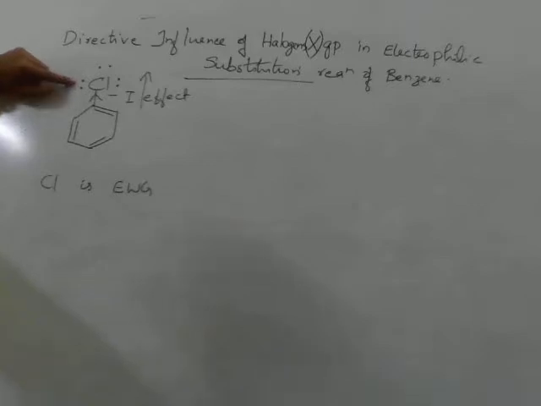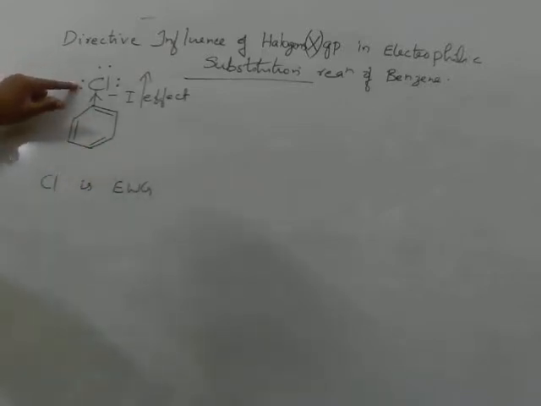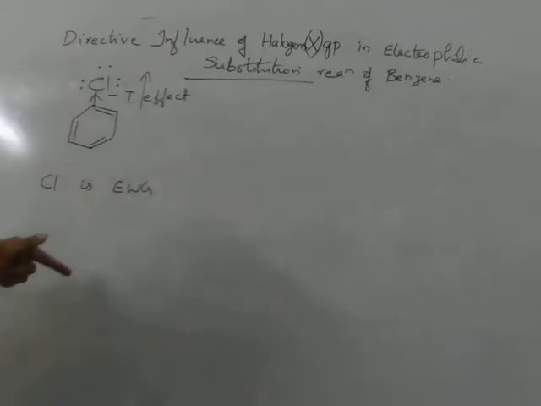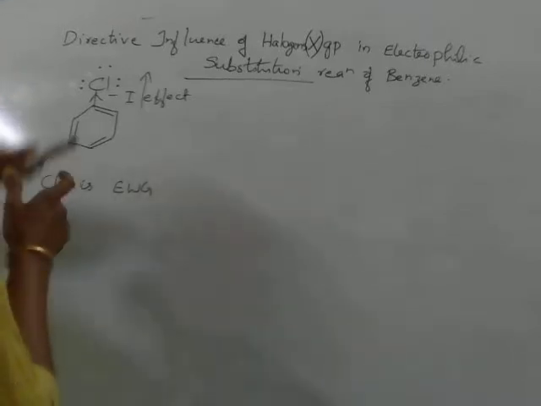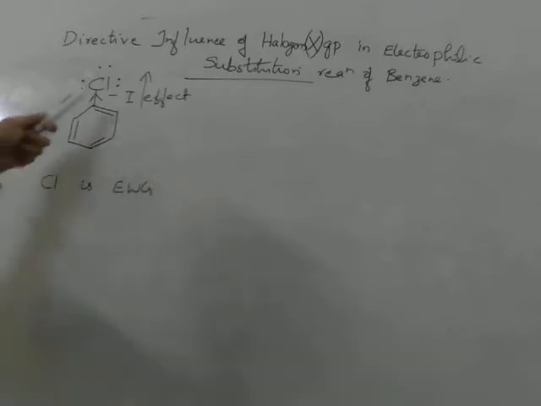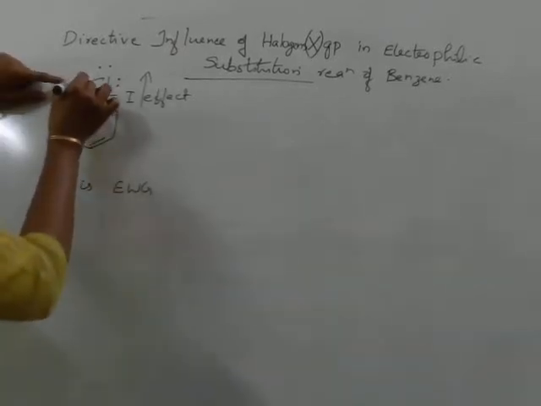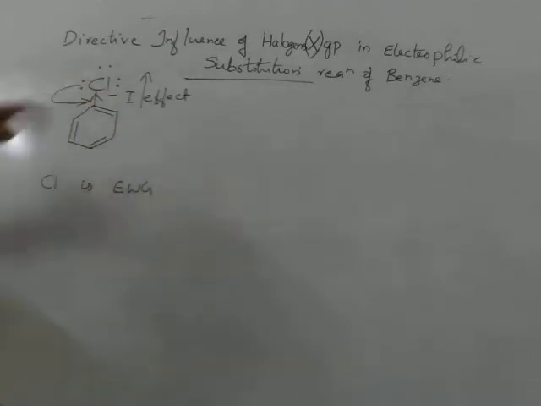These lone pair electrons present in the chlorine atom, when attached to benzene, which is a conjugated system, one of the lone pairs can enter into the benzene ring through resonance. So there is resonance effect also. There is electron displacement due to resonance. Here the lone pair electron enters into conjugation with the pi electrons of the benzene ring. One of the lone pair electrons moves towards the benzene carbon and forms a new bond here.